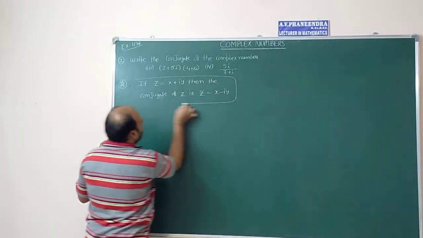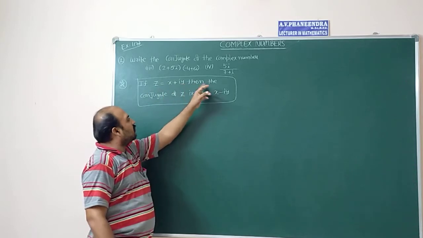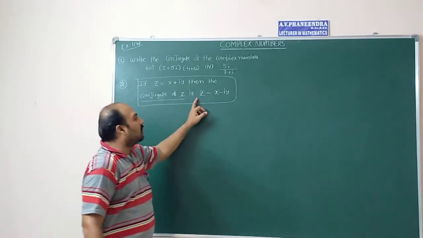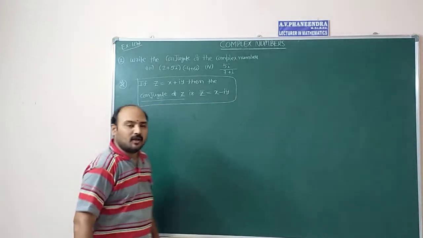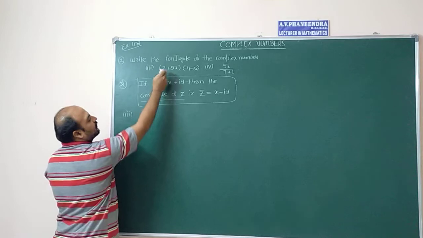You remember this formula. If Z is equal to x plus iy, then the conjugate of Z is defined as Z bar, that is x minus iy. So first, question number 3 we take in this.